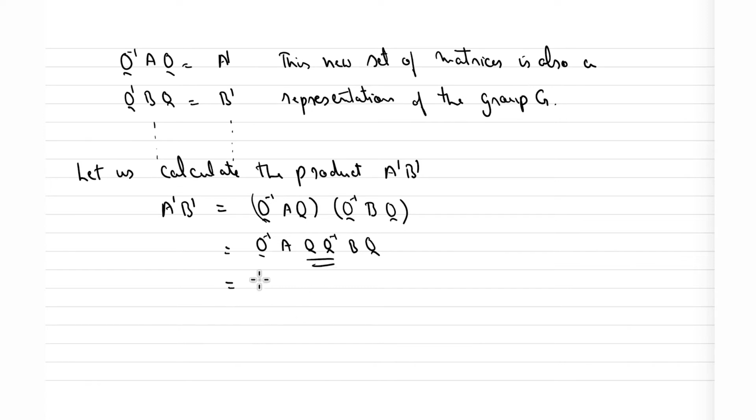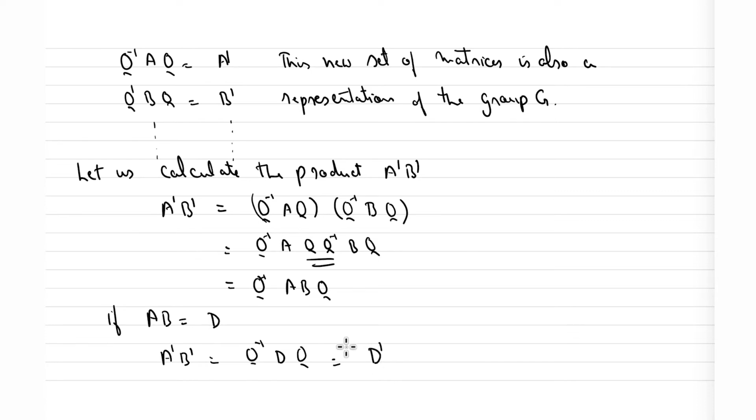Then we will have Q inverse A B Q, and let's say if AB is equal to D, we can say A prime B prime is equal to Q inverse D Q, and now this can be called as D prime.